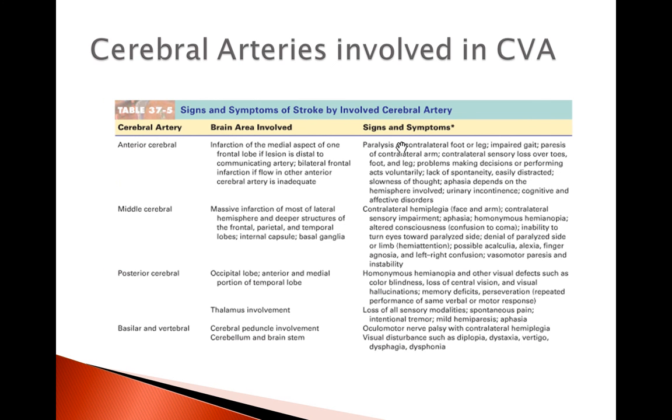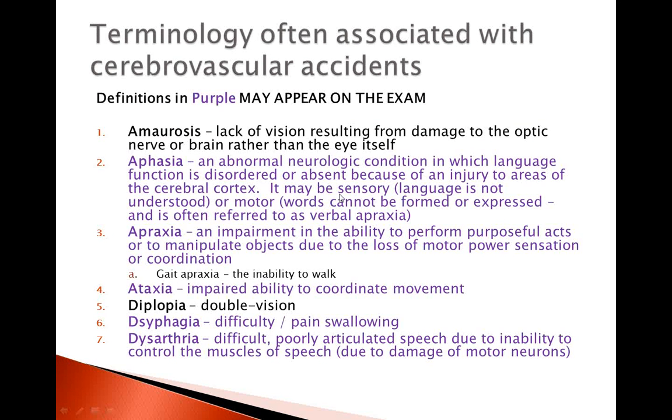We already looked at the cerebral arteries, and I've put some terminology up here that is commonly associated with cerebral vascular accidents. Those that are in purple are the ones I'll put on the exam. Others would be ones you may have seen before. So the ones that are purple: aphasia, issues with language, apraxia, inability to perform purposeful acts, gait apraxia comes up a lot.